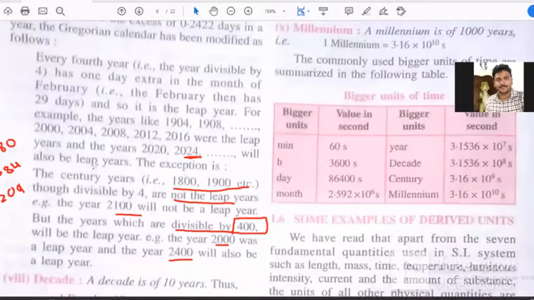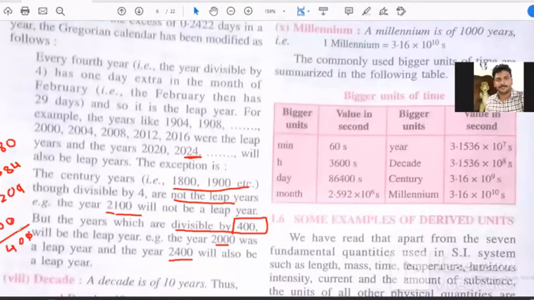If you continue, then that number, 2100, will not be divisible by 400. You can check now, 2100 divided by 400. You can see here this number is not divisible.